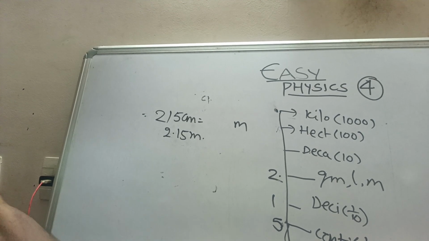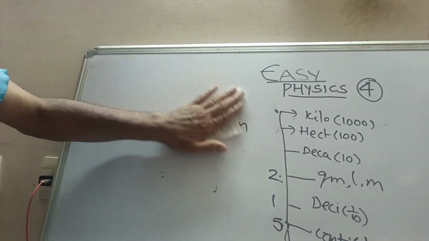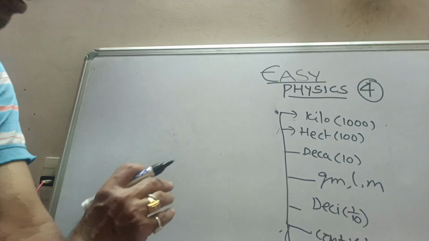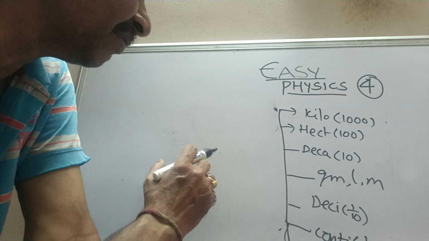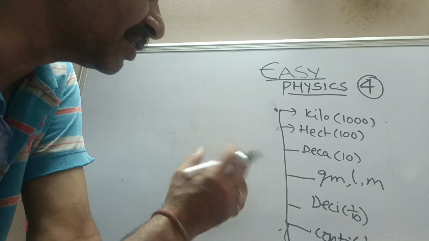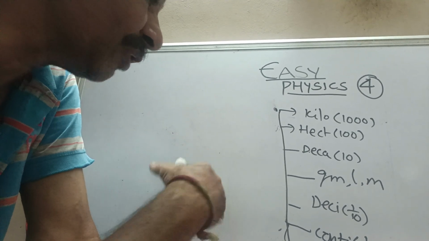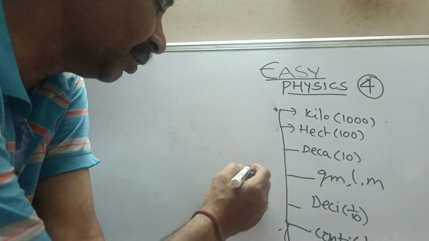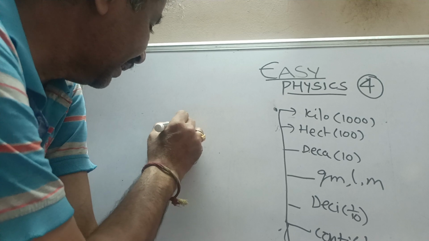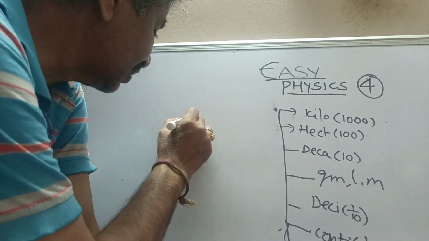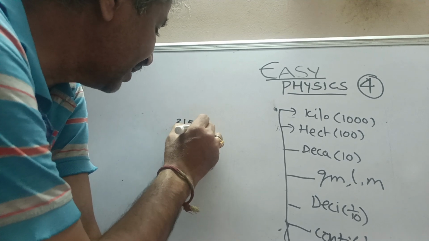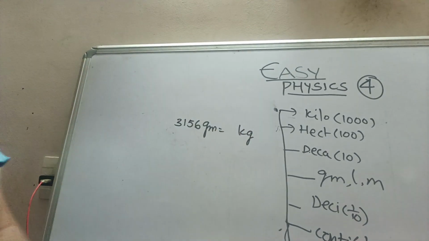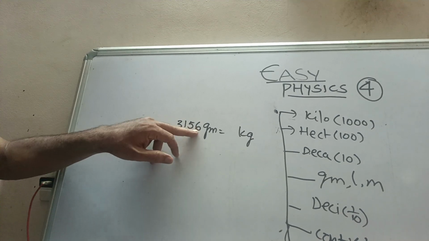I will give another example to understand more clearly, because this conversion is not so easy. You have to understand how I am changing, because if the number is increasing, the decimal part is a little bit confusing. So to avoid the confusion, I will give you another example: 3,156 grams into kilograms. So start with the 6.